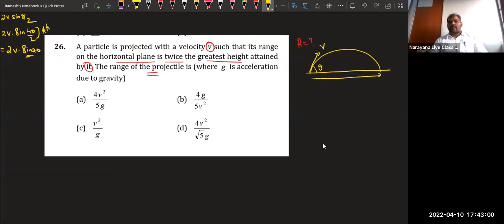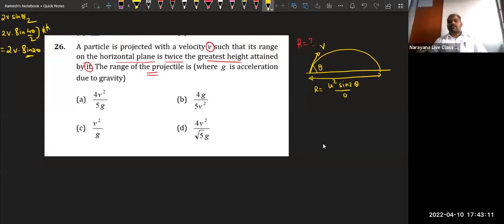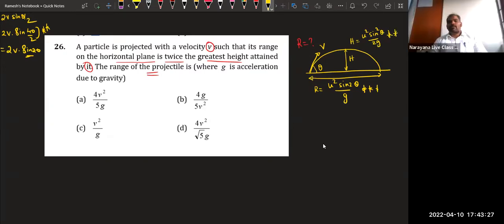Range means the maximum horizontal distance only, na? I will give that formula: u square sine 2 theta divided by g. You have to remember. Understood? This is the maximum height reached by that projectile. I am giving that value also: u square sine square theta by 2g. Sir, these two formulas you compulsorily have to remember. For time of flight, sir? Time of flight is 2u sine theta by g. u is the velocity of projection.